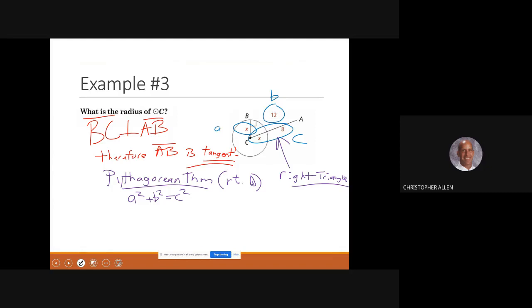So what are we putting in for A? X. So we'll say x squared plus, what are we putting in for B? 12. Right, there's B. B's 12. What are we putting in for C?